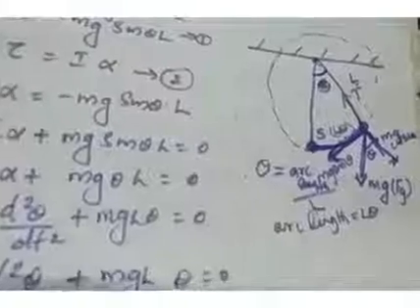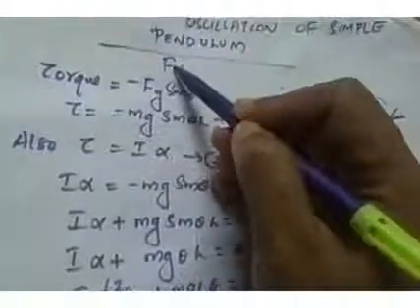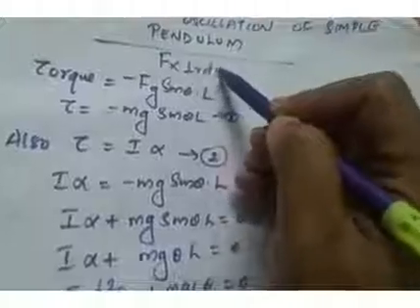Now see, a restoring torque is developed here due to this tangential component of the force. So this tangential component Fg sin theta produces a restoring torque, and that restoring torque is minus Fg sin theta into L, because you know the expression for torque is force into perpendicular distance, isn't it?